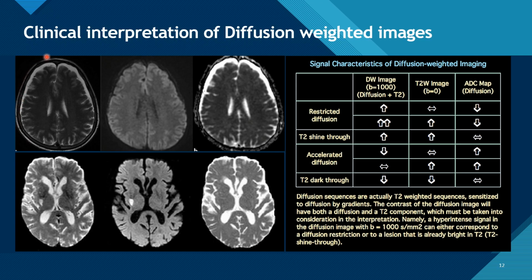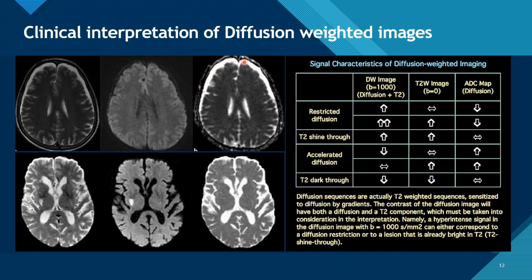Let's see our third example, which is an example of accelerated diffusion. As we see here, there is a bifrontal extraaxial CSF fluid accumulation. It will appear high on the T2 weighted image. It will appear low or iso-intense on the B1000 image, and also appears high on ADC image.